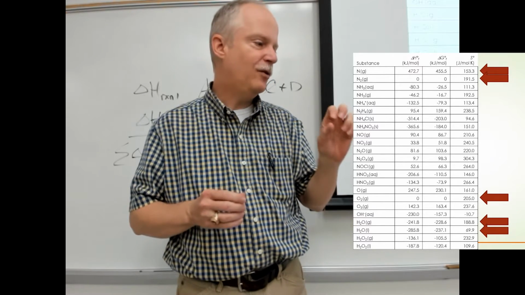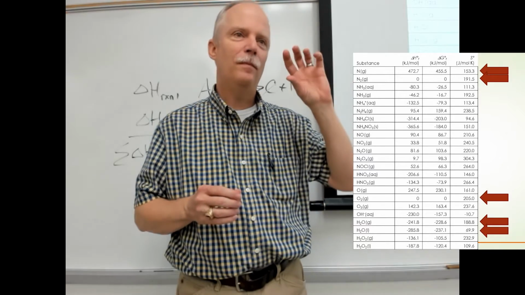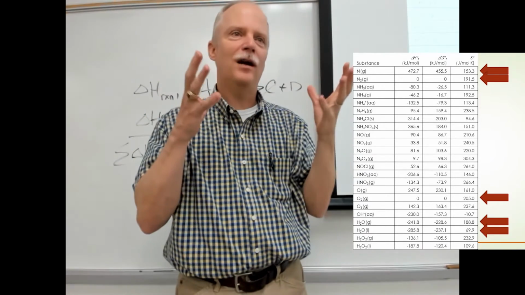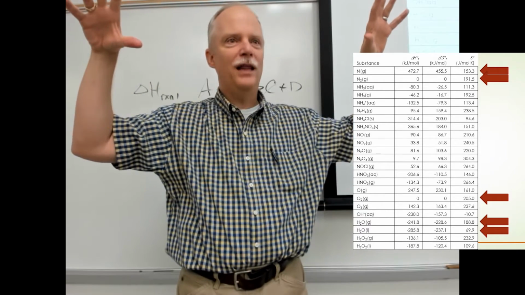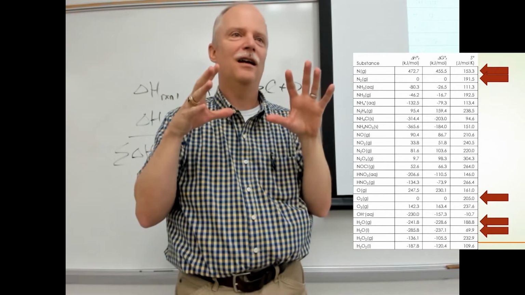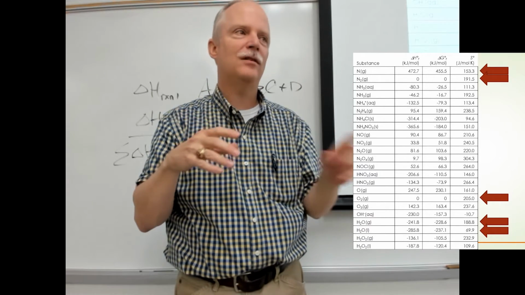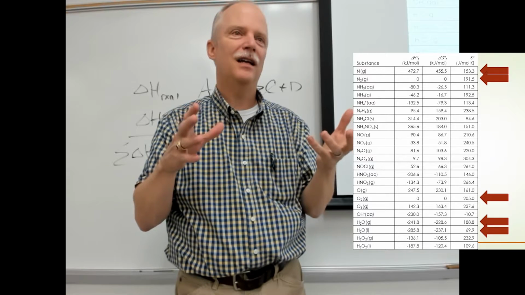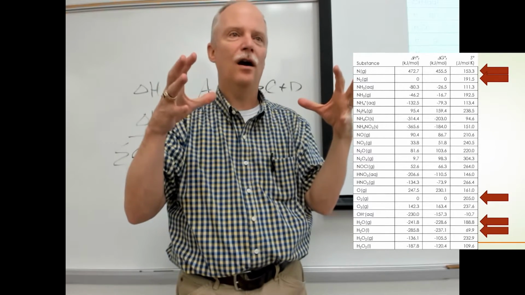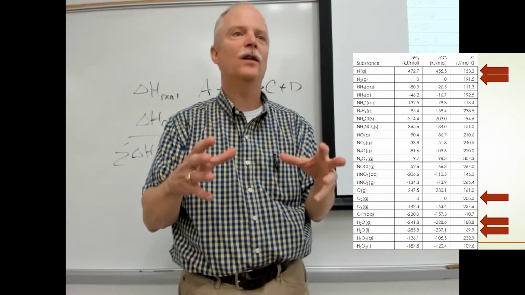But when you have an aqueous ion like that, it's not like a pure substance. It's surrounded by a solvent cage, and water had more entropy without that ion than it has with the ion. So really this S for ionic substances in water is really a delta S, comparing water without the hydroxide ion and water with the hydroxide ion.